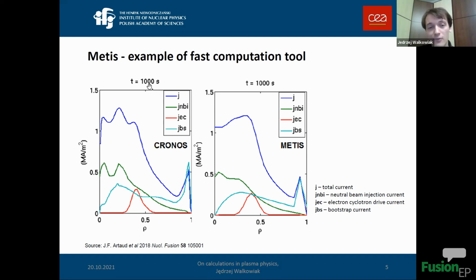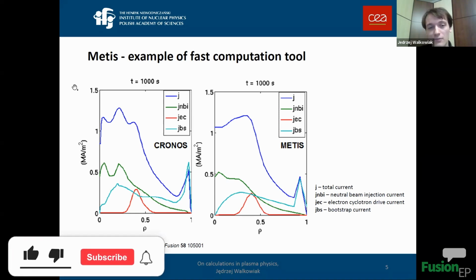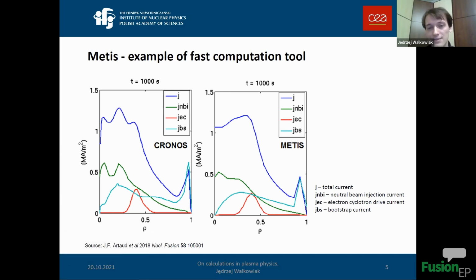In the case of Chronos, it can take days to get the results of a single discharge. This gives us first the benefit of being able to analyze much more data than with the more detailed code, and it gives us another benefit, which I will discuss later, because it can be used in iterative calculation.